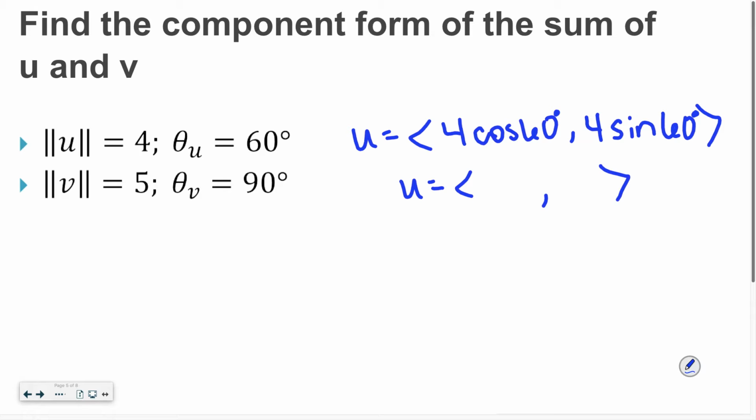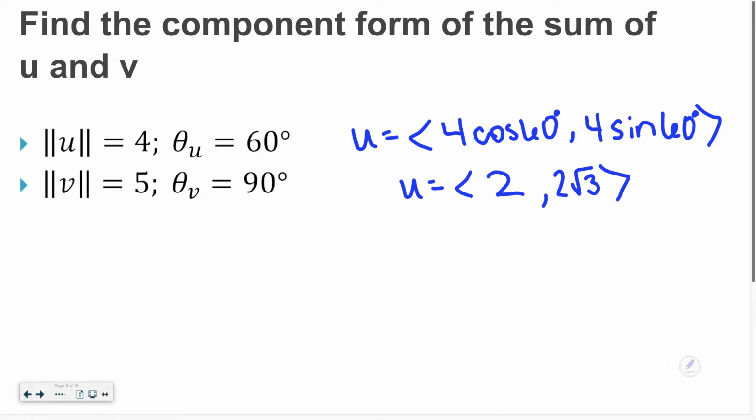What is the cosine of 60? 1/2. So 1/2 times 4 would be 2, and the sine of 60 is radical 3 over 2, times 4 would be 2 radical 3. Okay.